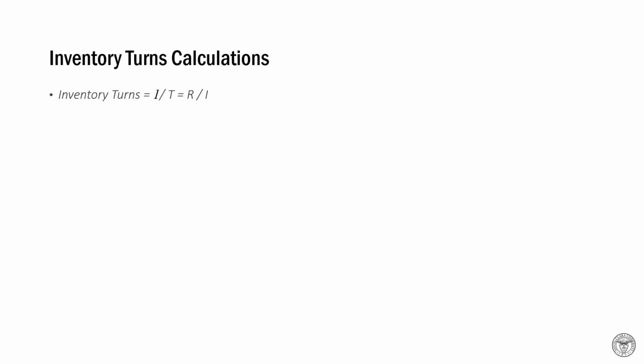Inventory turns is another key operational measure which signifies how many times an organization's inventory is sold and replaced over a specific time period. The formula for inventory turns is 1/T, or R/I, where R is the flow rate and I is the inventory.